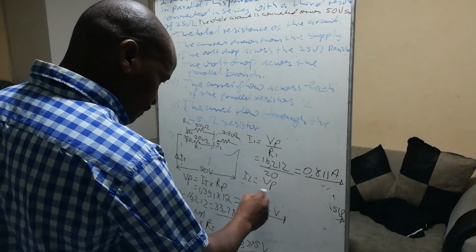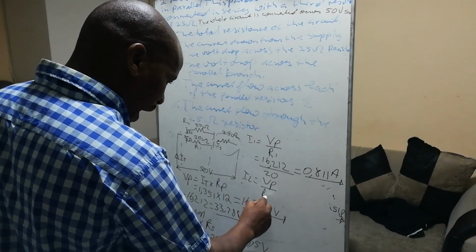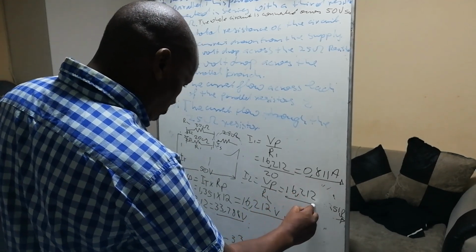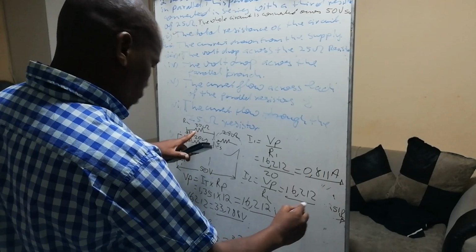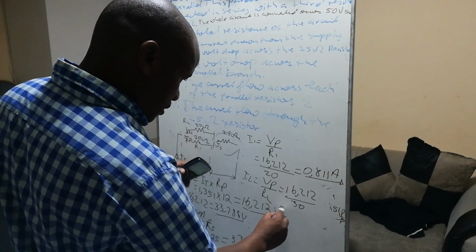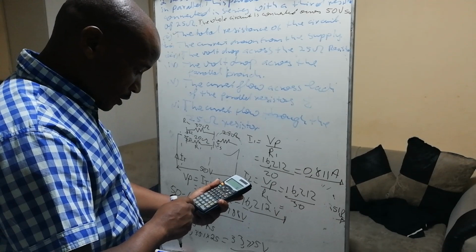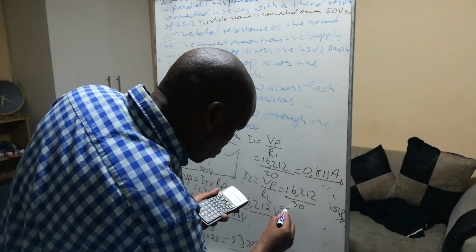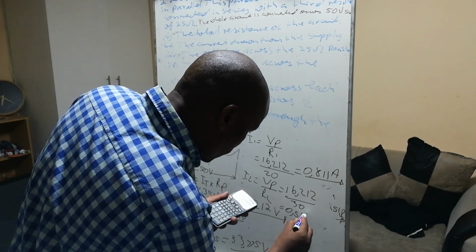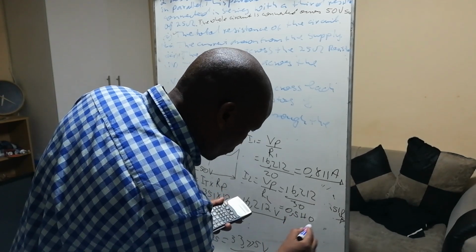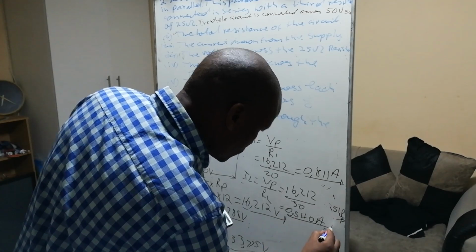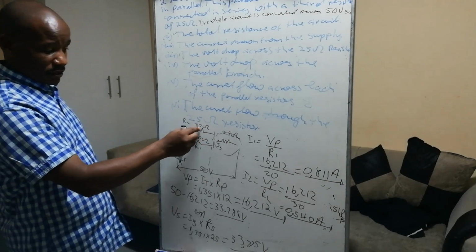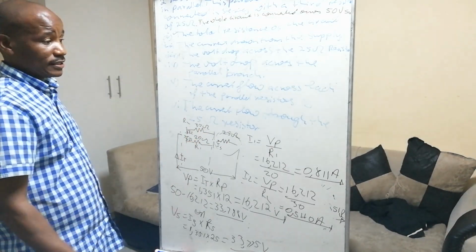And it's equal to V over R2, which is 16,212 over, what is R2? 30. 16,212 divided by 30 is equal to 0.540 amps. This is the current across each of these parallel branch resistors.